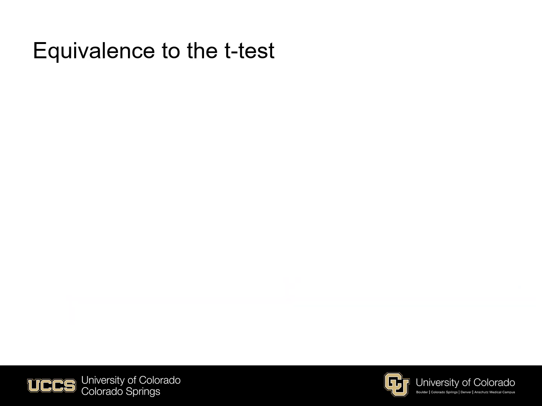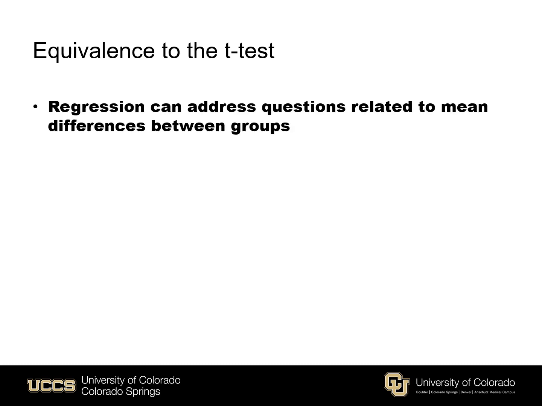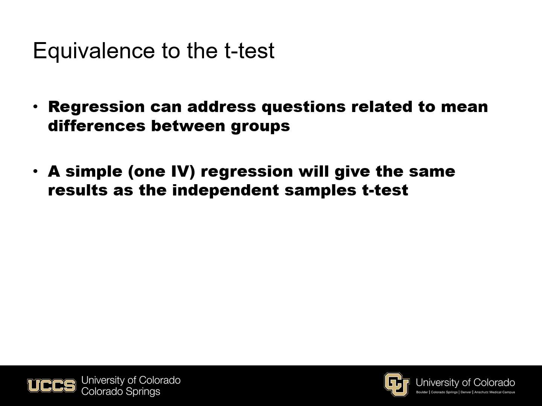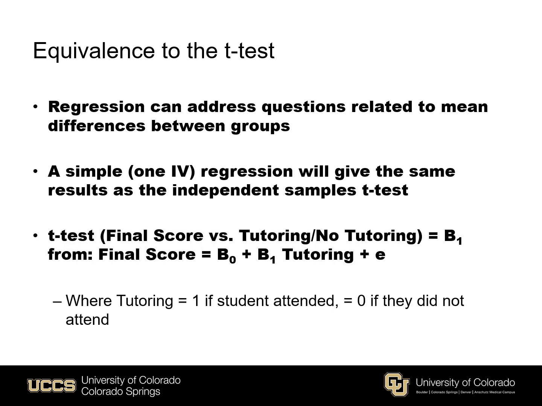Now let's spend a few minutes showing the equivalence of regression to the t-test. As it turns out, regression can also address questions related to the mean differences between groups, which is what t-tests have typically been used to address. In fact, a simple one independent variable regression will give the same statistical conclusions as the independent samples t-test.